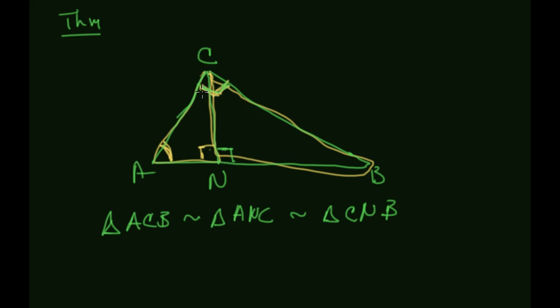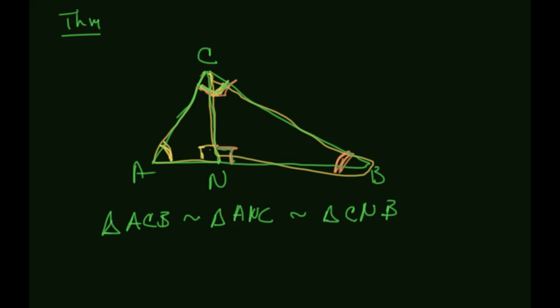So that gets me two angles. That makes them similar by AA similarity. If I take the medium size one to the great big one, they both have angle B, and they both have a right angle, which makes them similar. So if the small one's similar to the big one, and the medium sized one is also similar to the big one, all three of them must be similar to each other.